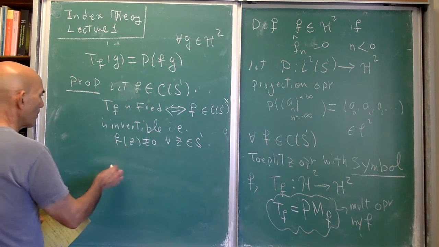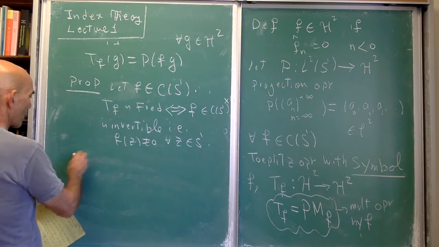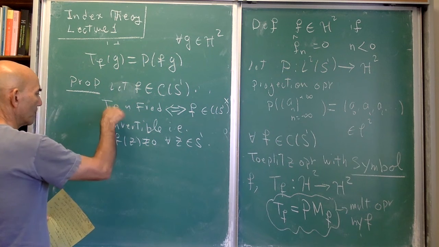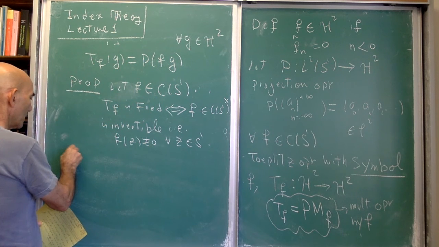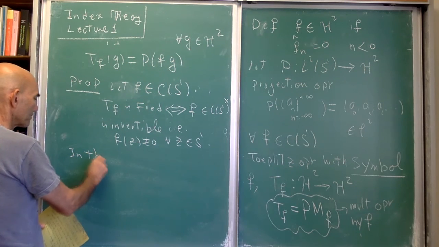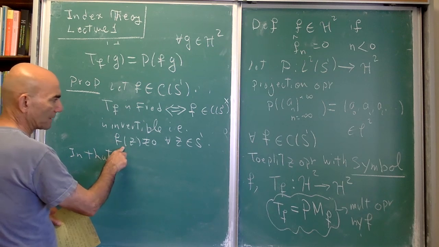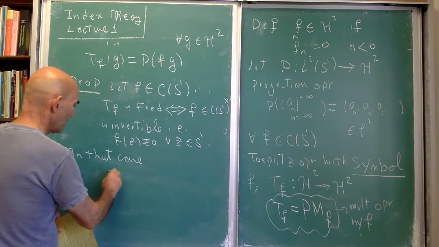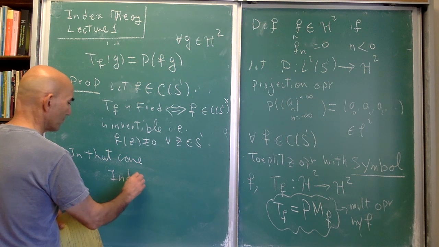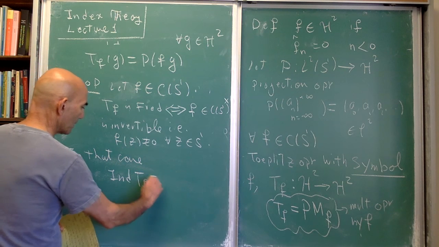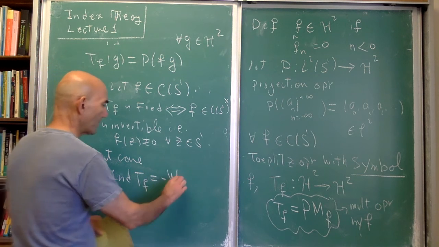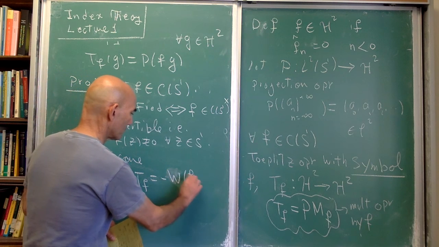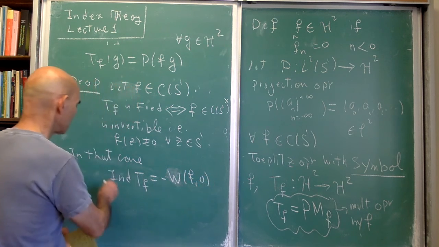Of course, now there's going to be an index for this. In the case that F is invertible, the index of TF is equal to minus the winding number of F around 0.